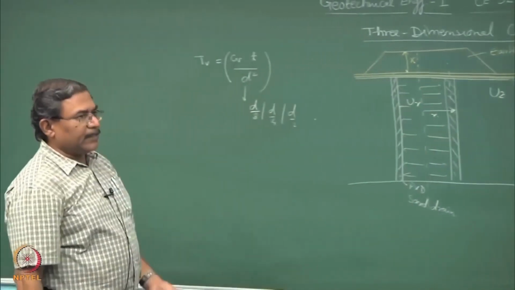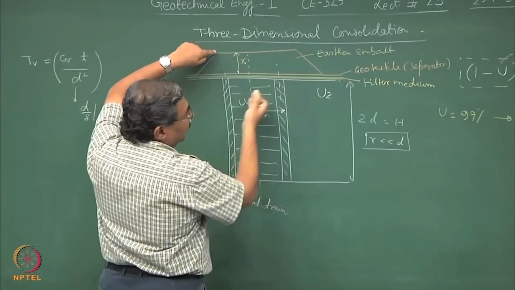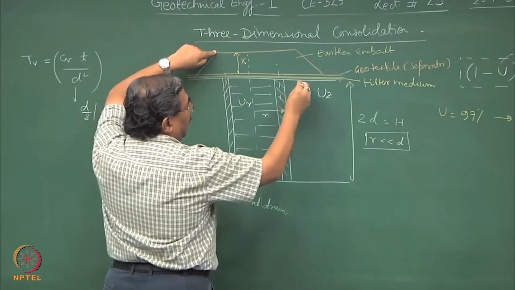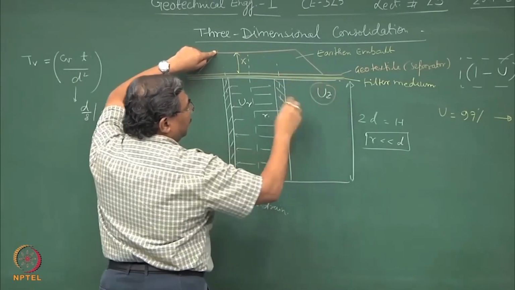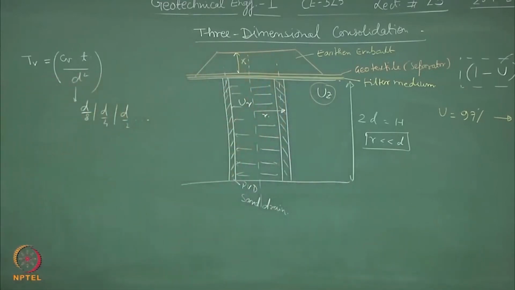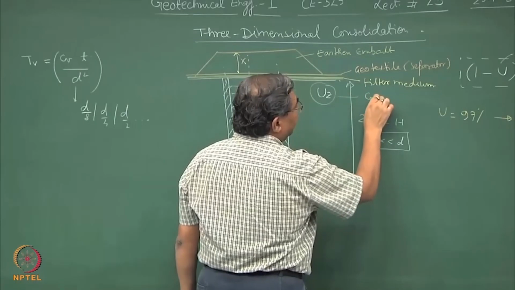So, here what you are seeing is in the process of constructing this embankment on the top of the system, which is having the prefabricated drains, I have the component of UZ which is coming because of the embankment and which can be analyzed by using the concept of CV. Is this okay? So, this UZ is linked to CV.